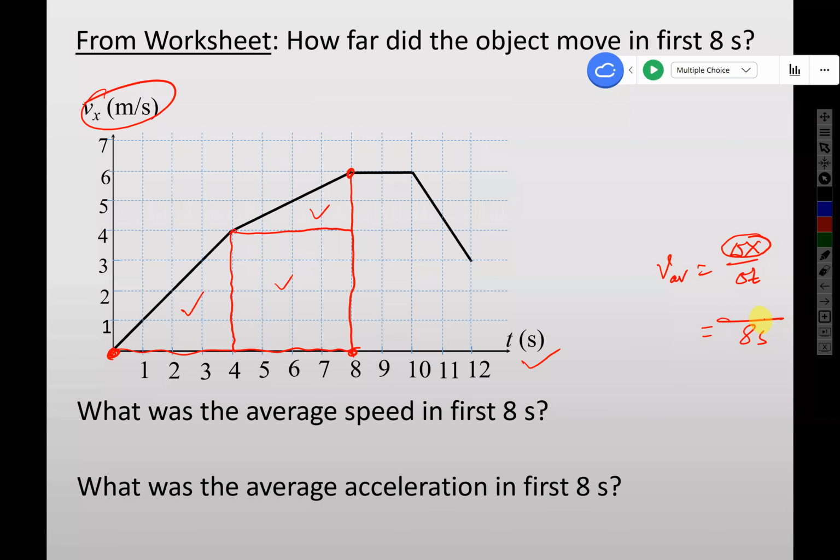Did somebody already find the area? Is it 28? Did I do it right? Yes.